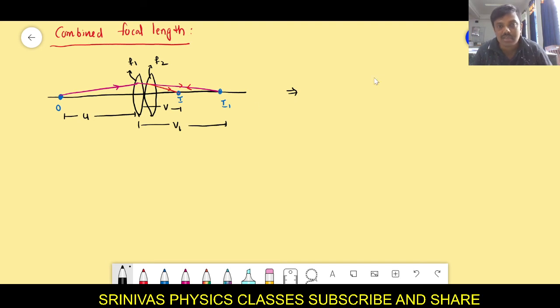If these two lenses combinedly act as one lens, that lens has the focal length f.